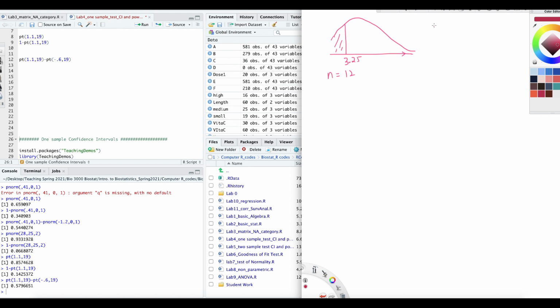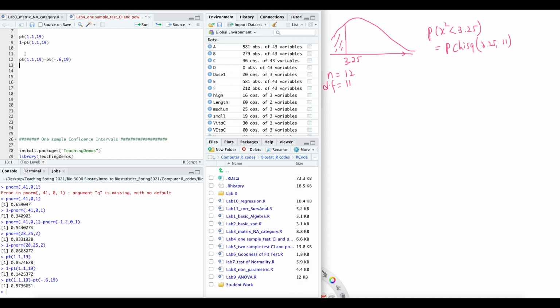So how do you find that? The probability that chi-square is less than 3.25 with 11 degrees of freedom is: you do p chi-square, pchisq, and then 3.25 and then degrees of freedom 11. That's what you do, okay. It is exactly the same way; to find the area, the probability, you should do p, okay guys.